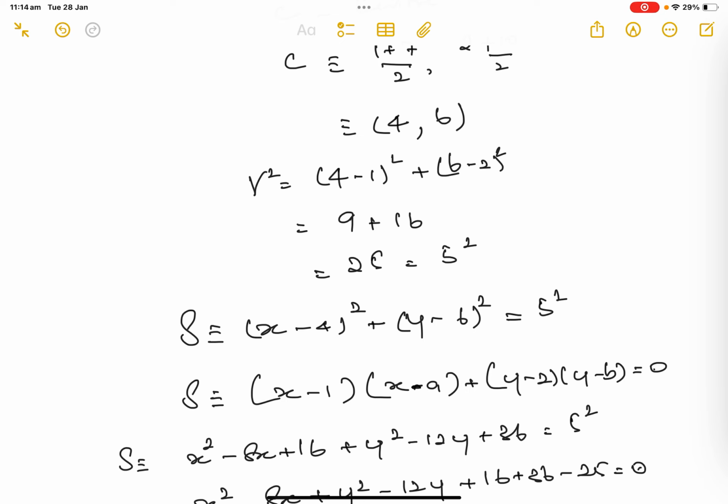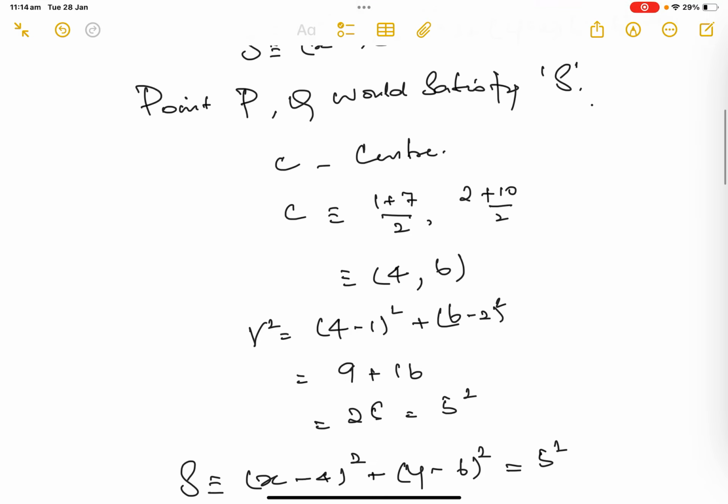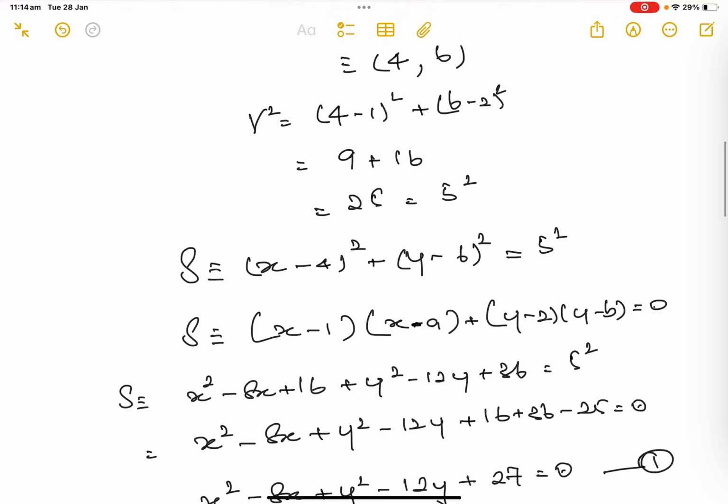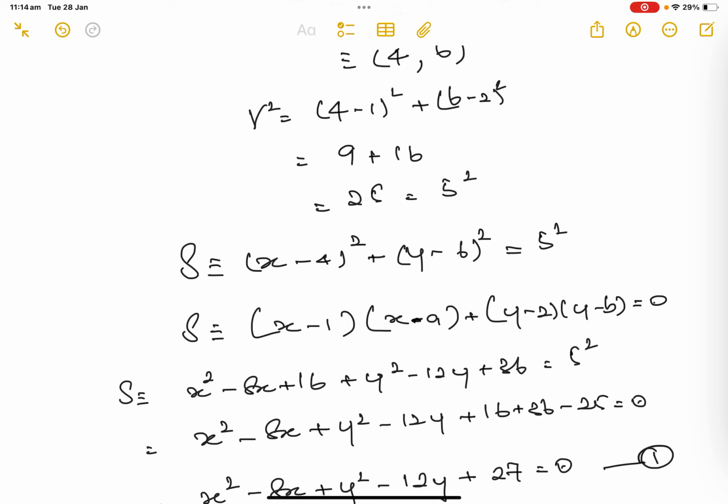That's 4 minus 1 squared, the center x coordinate is 4 and P is 1, plus 6 minus 2 squared. 4 minus 1 is 3, squared is 9. 6 minus 2 is 4, squared is 16. That's 25, so r is 5.